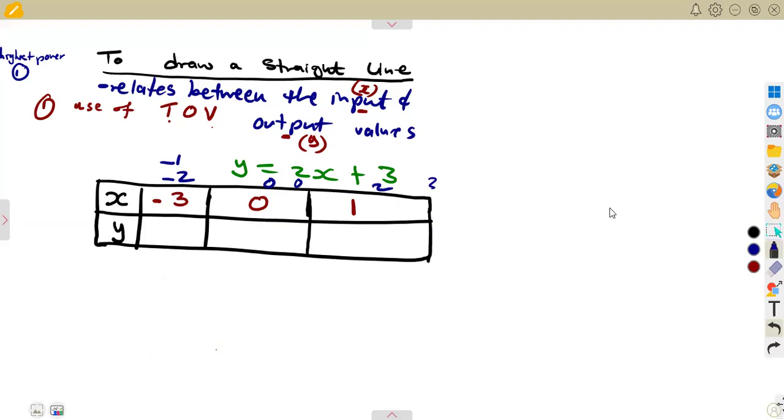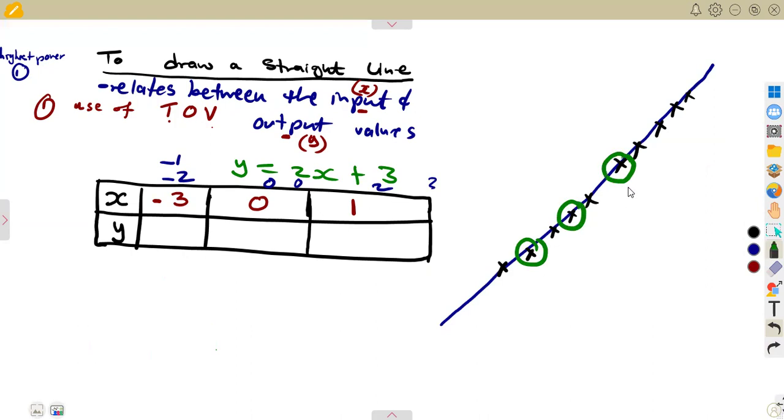At the end, the points that we are going to have are going to lie on the same straight line. This is a straight line. So maybe we have picked -2, -1, and 0.